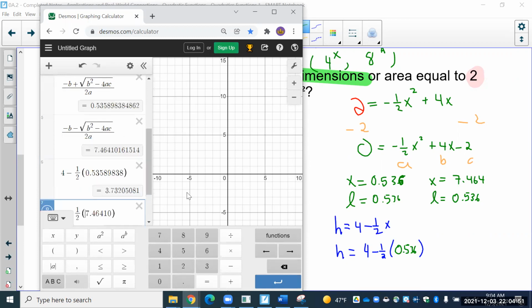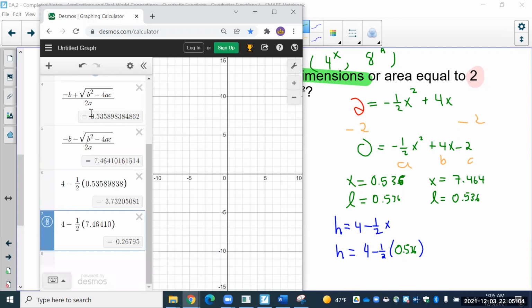And so the dimension with 0.536 is 3.732, and the dimension with 7.464 is 0.26. Now, again, what is this actually finding?